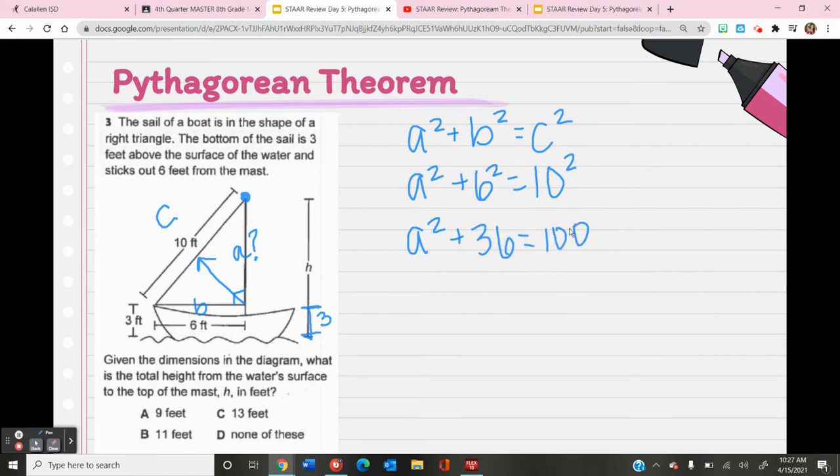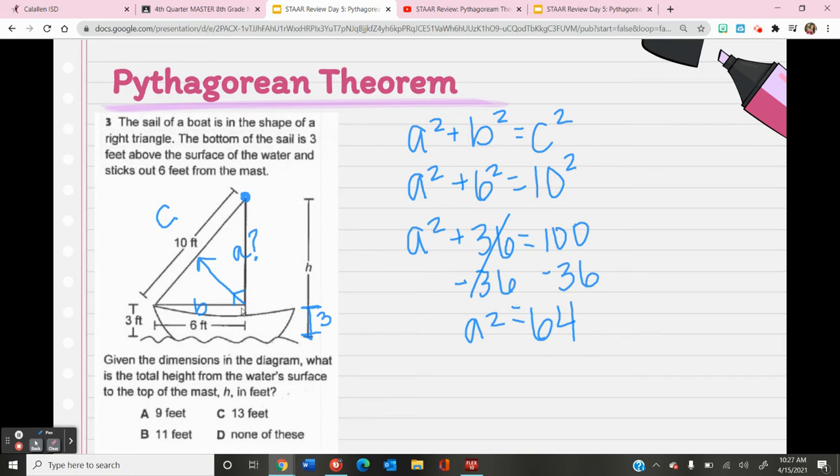squared, which is 100. So taking this a step further, since I have both of my numbers on opposite sides of the equal sign, I want to subtract them. So I'm going to subtract 36 from both sides because I want to single out the a squared. This cancels out. I'm left with 100 minus 36, and that equals 64.